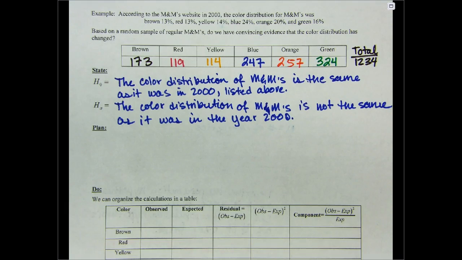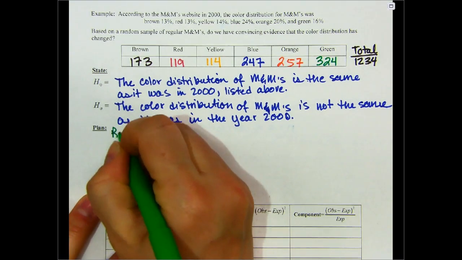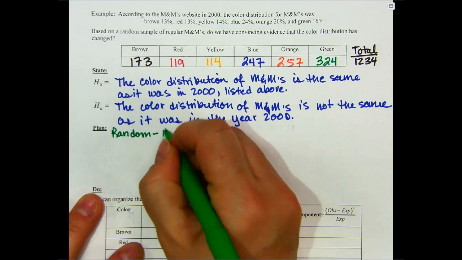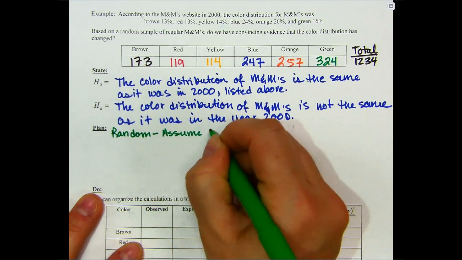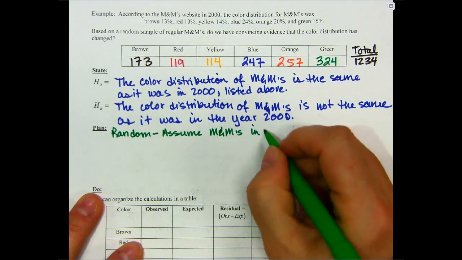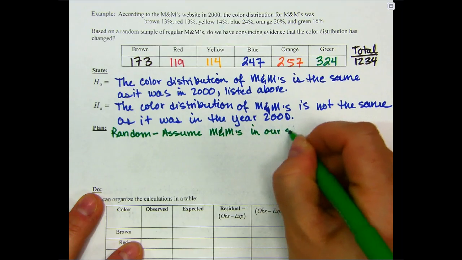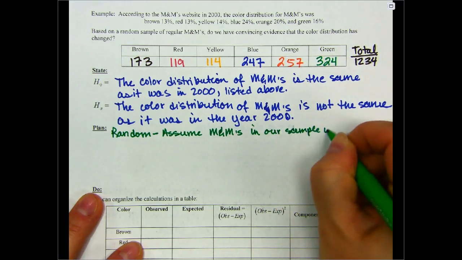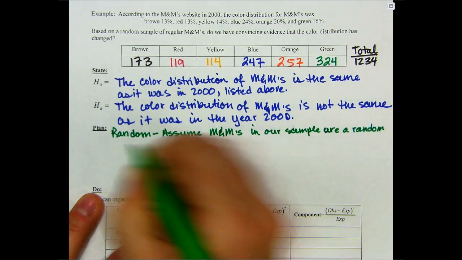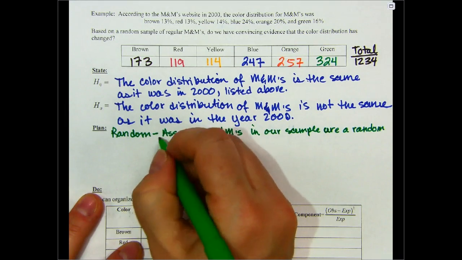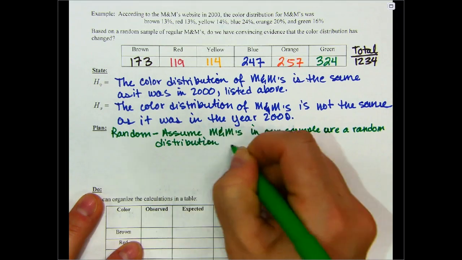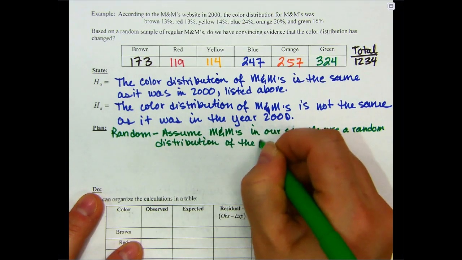Now let's do our plan. We always start with random. We're going to assume the M&Ms in our sample are a random distribution of the population.